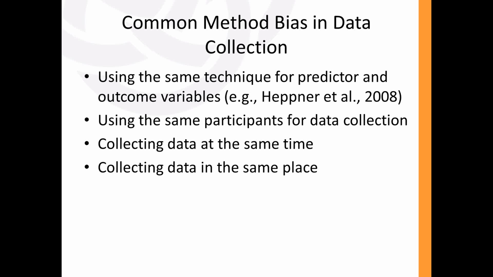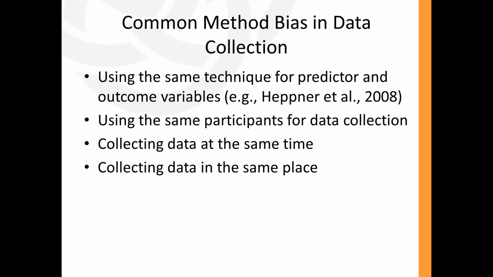If you have the same technique used for a predictor and an outcome variable, for example, if you're looking at job satisfaction and job performance, and you're using a measure with all Likert type items, then you use the same type of instrument to measure the other variable of job performance, then you have a potential for common method bias to emerge.